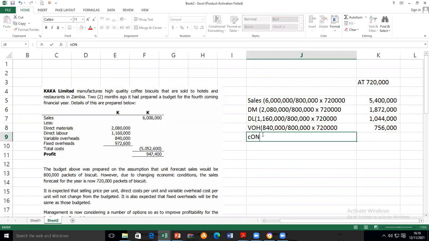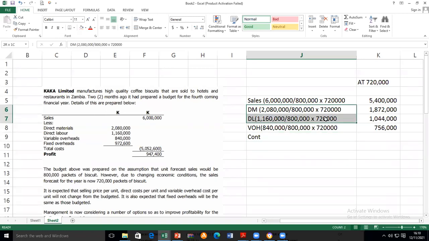Contribution, put in total variable cost first. Yeah?